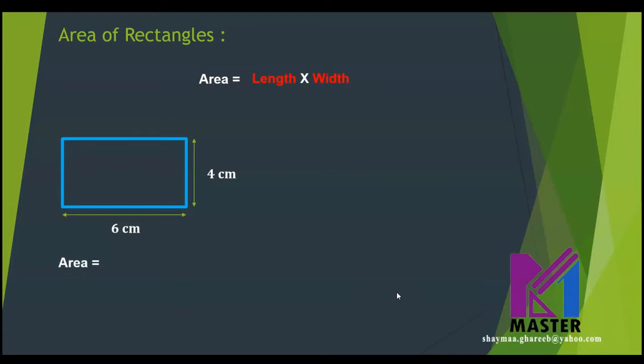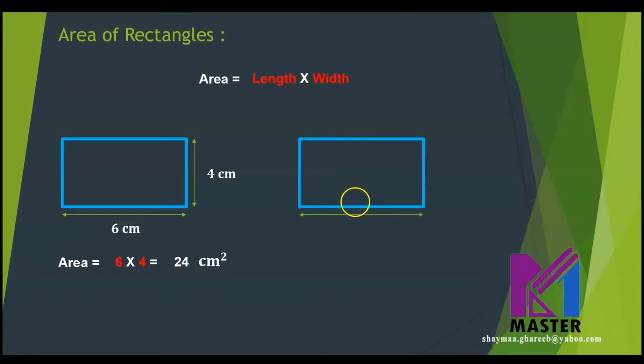If I want to calculate the area, I will multiply the 6 by the 4. 6 times 4 equals 24. And what about the unit? Don't forget the unit. The length here is in centimeters, so the area will be in centimeter squared. Is this clear? So don't forget that we measure the area using square units.